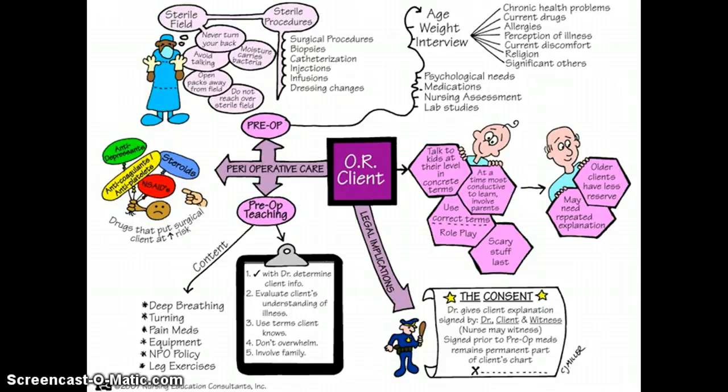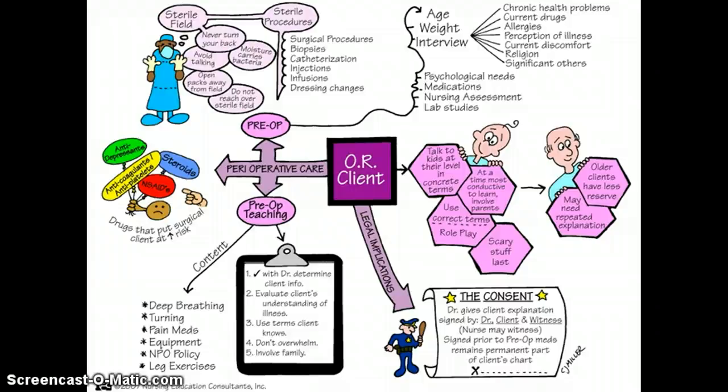If you take a look up here at the age, weight, interview, what you will see are different things that you need to consider. Chronic health problems. If you're taking care of a surgical patient that has congestive heart failure or chronic obstructive lung disease, what are they going to be at risk for going into surgery versus the younger or middle-aged healthy person with no chronic health problems?